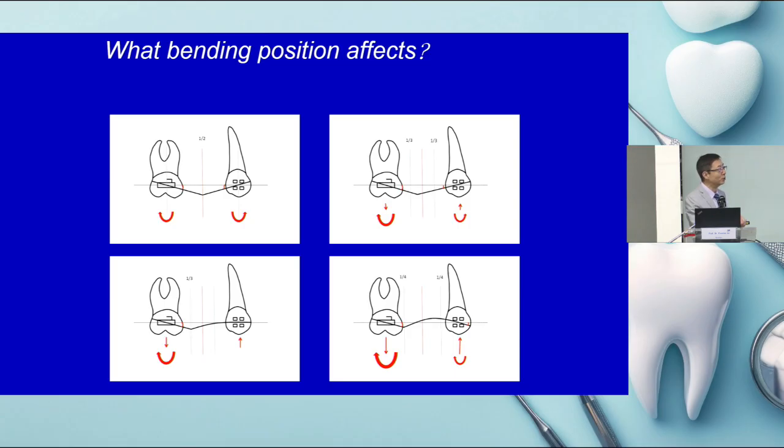And move to within 1/4 closer to the molar, this angle becomes minus degrees, less than 0 degrees. So the position of the V-bend actually affects the angle, the wire-slot angulation. This one.